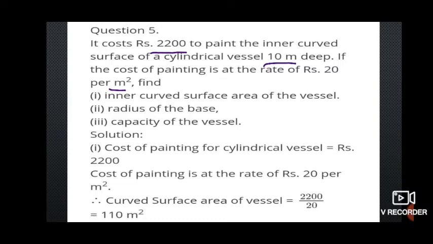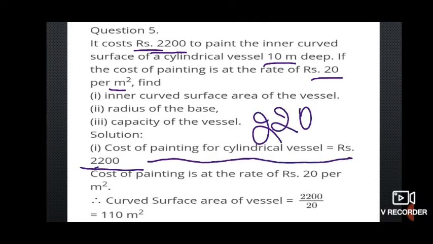Now we have to find what the radius is. First we will find the surface area. How we get the total cost, as I told you already, is curved surface area into the per meter cost. So the total cost of painting, 2200, will be curved surface area into per meter cost 20.